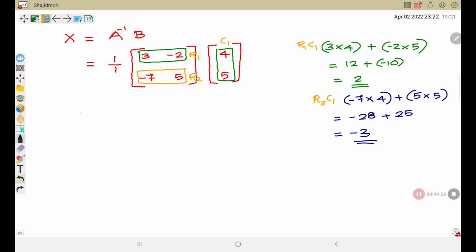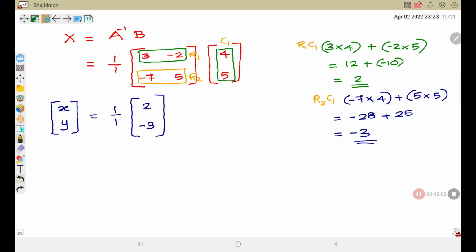So here we can write: what will be X? X means x and y. The capital X variable matrix, x and y, equals 1 over 1, which is the same as 1, no need to write it actually, multiplied by the column matrix, first number 2, second number minus 3.